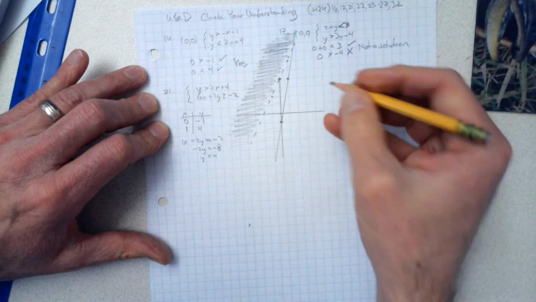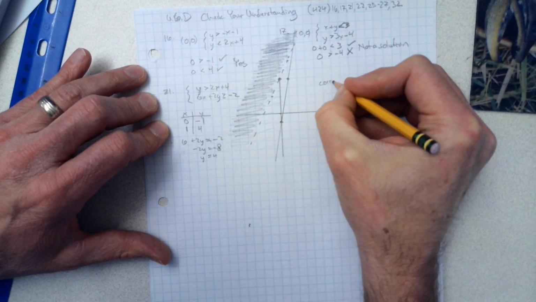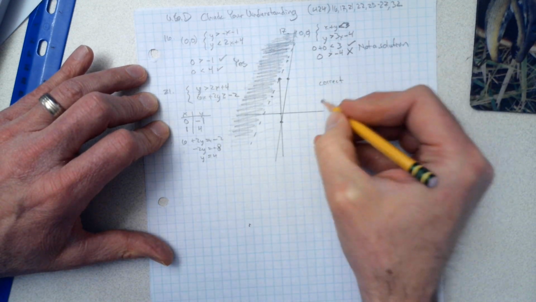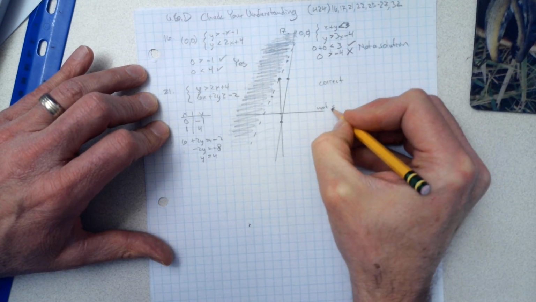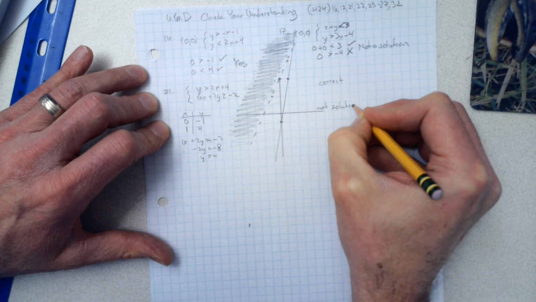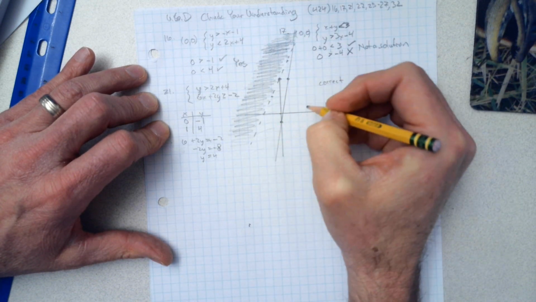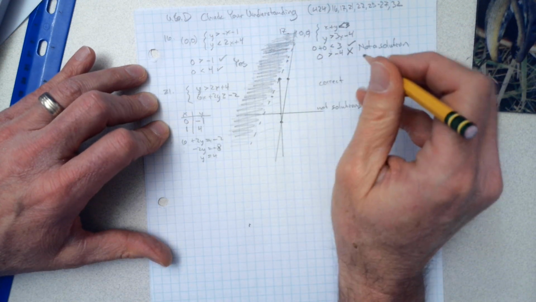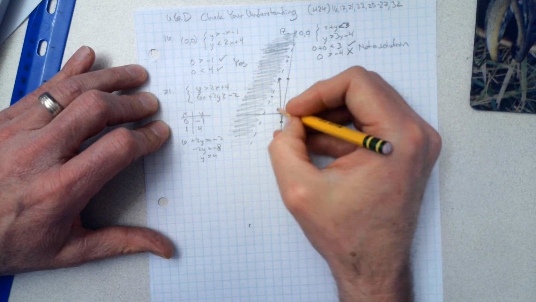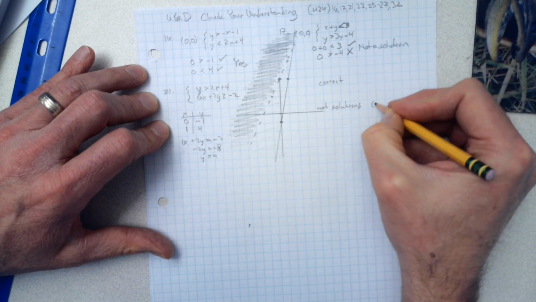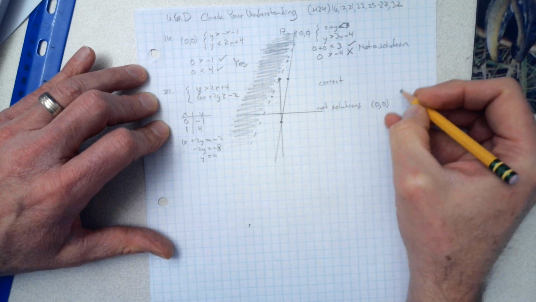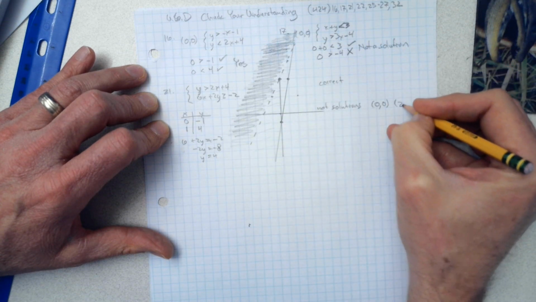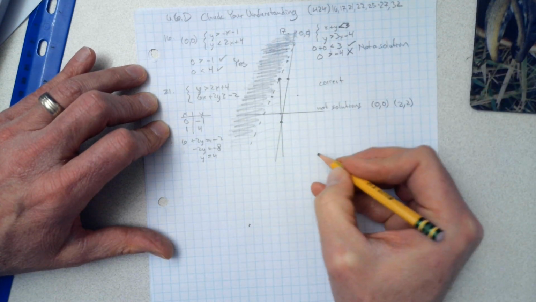So it wants 2 ordered pairs that are solutions, and 2 that are not solutions. Anything that is clear here that's not shaded by this dark one is a non-solution. So (0, 0), for example, is a non-solution. (2, 2) right here is a non-solution as well.